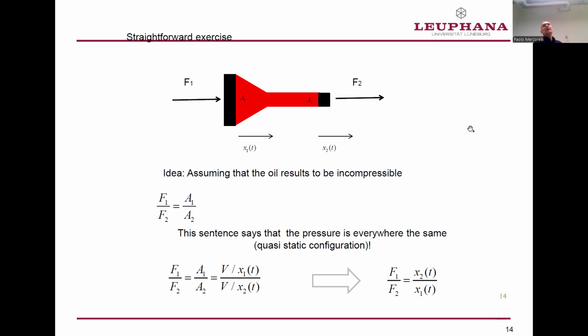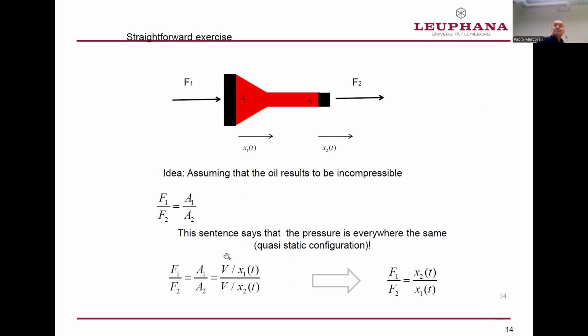You probably have this experience from the hydraulic system, but you can imagine if I move the mass of the liquid here, if it's not compressible, the volume moved on the left equals the volume on the right.